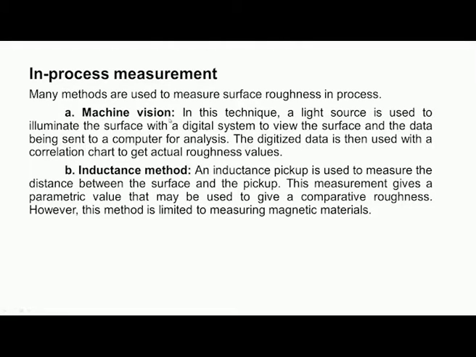In machine vision, a light source is used to illuminate the surface, with a digital system to view the surface, and the data is sent to a computer for analysis. The digitized data is then used with a correlation chart to get the actual roughness values. That means, initially we should use some standard specimens whose surface roughness is known, and using those we can calibrate the machine vision system.